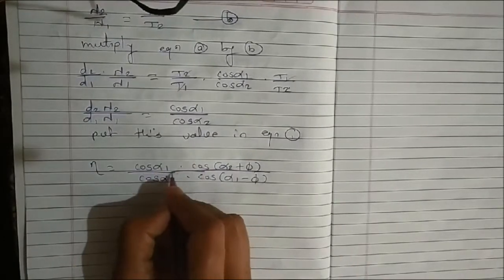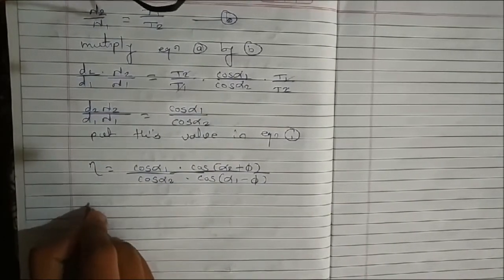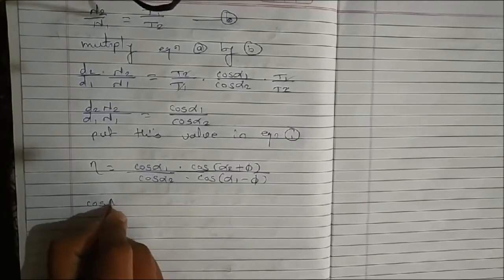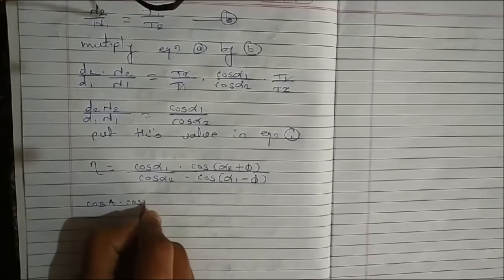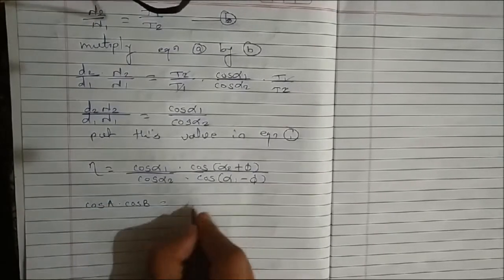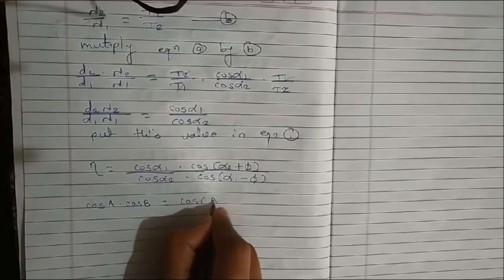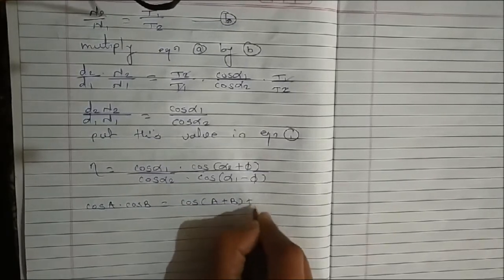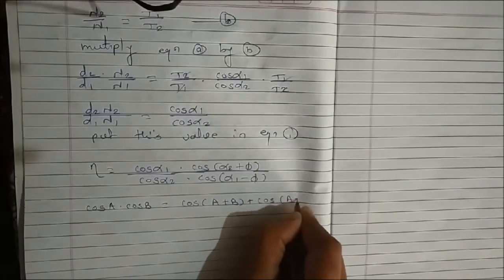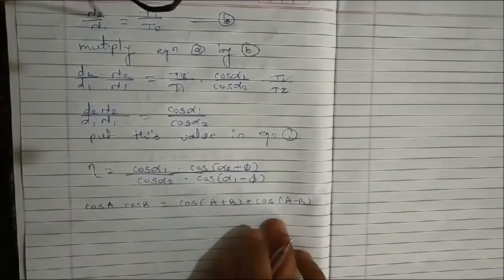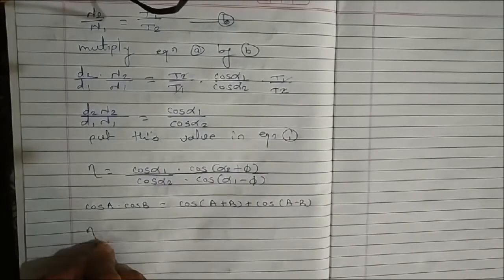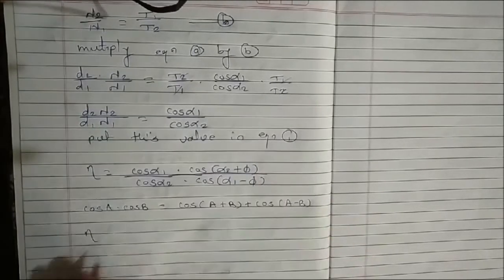Now here we are going to use a mathematical formula. Cos A into cos B is equal to cos A plus B plus cos A minus B, okay, we know this mathematical formula, so let's apply this on above equation.